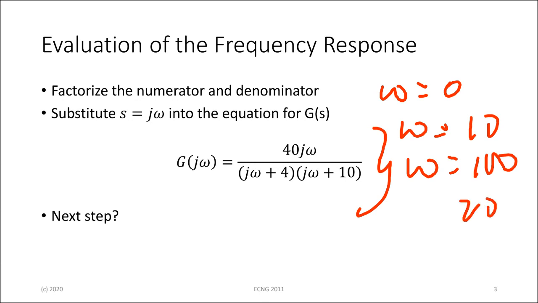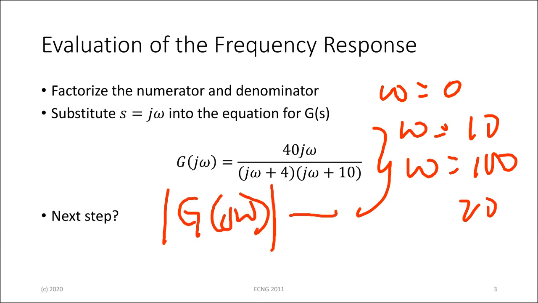And every time I do that, I plot the magnitude, because this is a complex number, so I'm going to have to work out the magnitude of H(j omega), and then on the complex number work out the argument of it, so I get a phase, right?